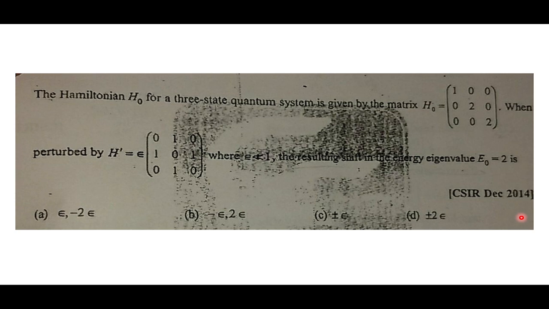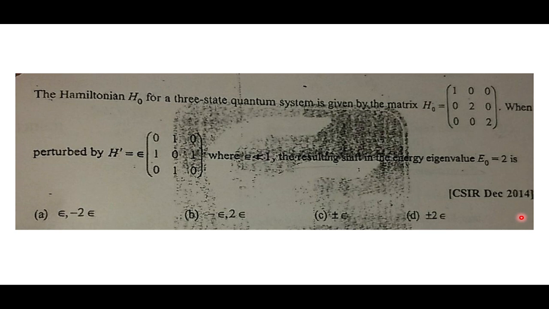Shift means, so E naught, you can look into the subscript, right? H naught has 3 eigenvalues that you can easily find: 1, 2 and 2, right? This is a diagonal matrix, the unperturbed matrix. But after applying the perturbation H dash, your eigenvalues will change.